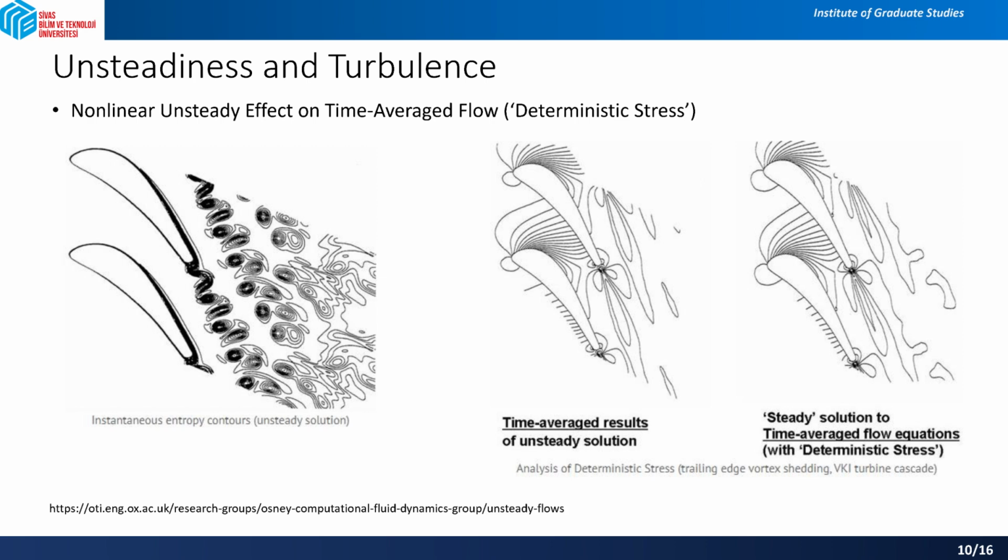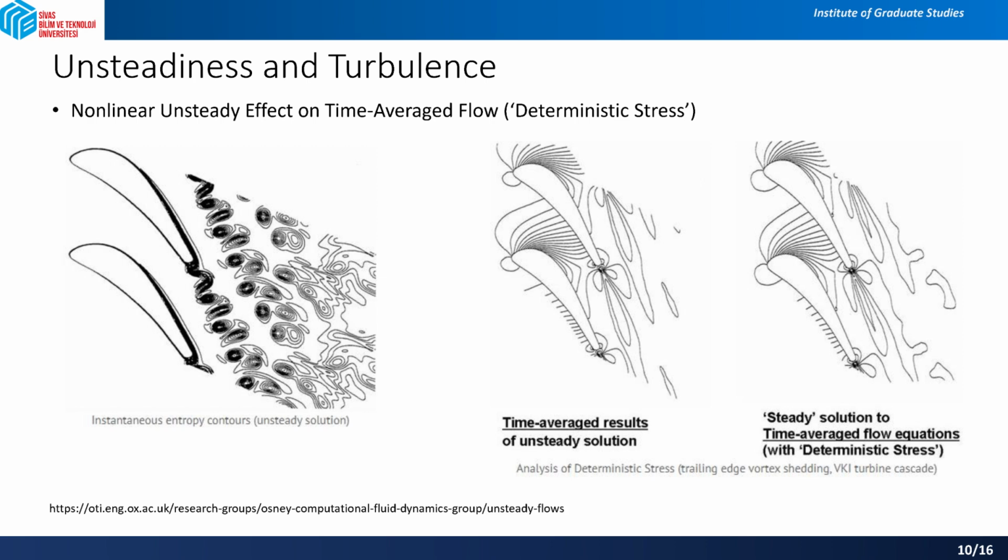They were able to distinguish between the unsteady solution and the time average of the unsteady solution, and the time averaged flow equation. So there will be some distinct parts between these two.